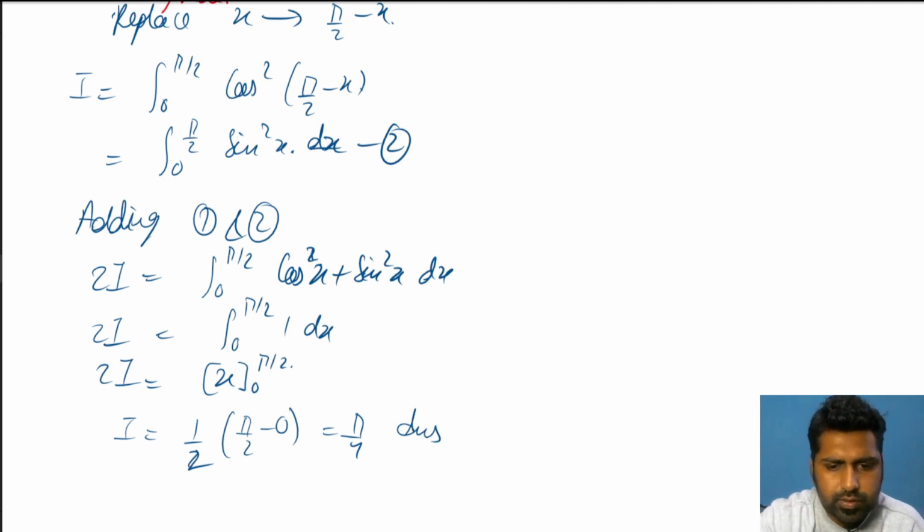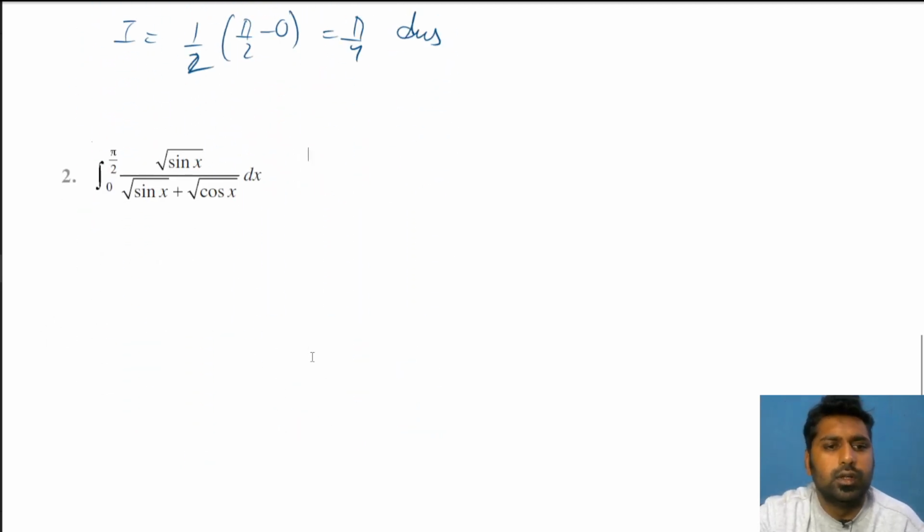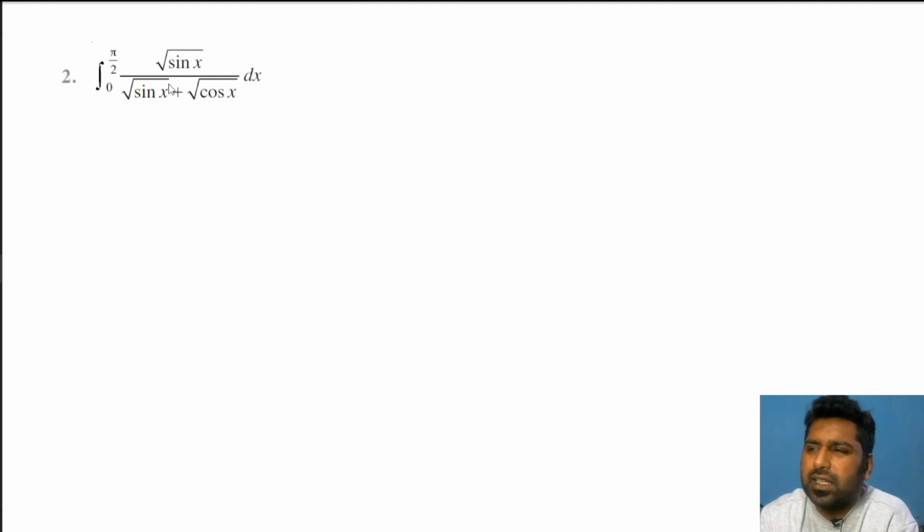All right, let's look at the next question. 0 to pi by 2, a weird looking expression, root sine x plus cos x, root cos x. You might think because of the square root we can rationalize and everything.